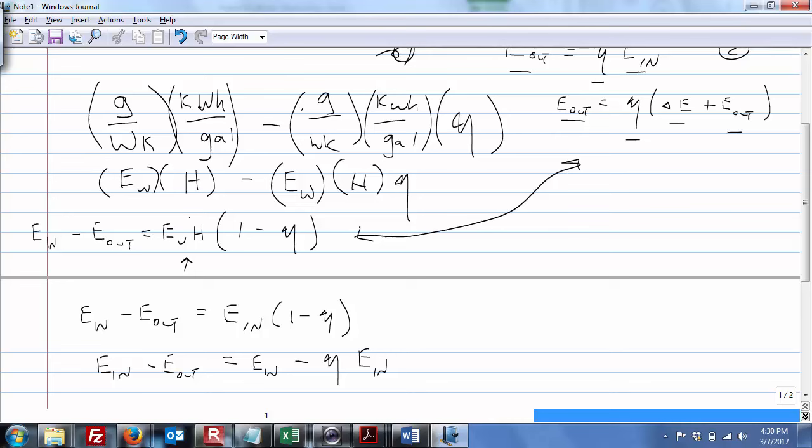And I think what you had there, Zach, was this EW, the energy per week, times, I'm just going to call this variable H, electricity per chemistry, minus EW times H eta. That's where we are with this equation 3.